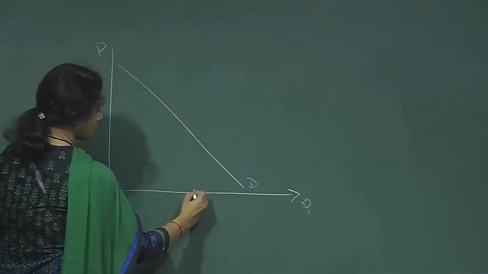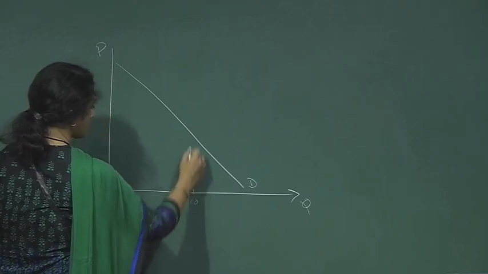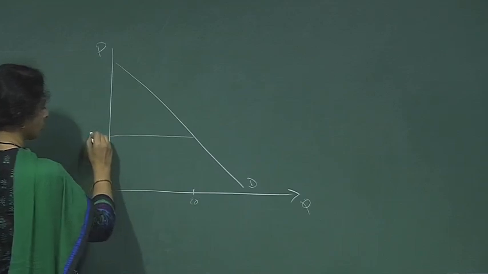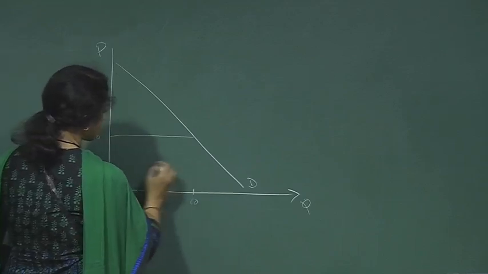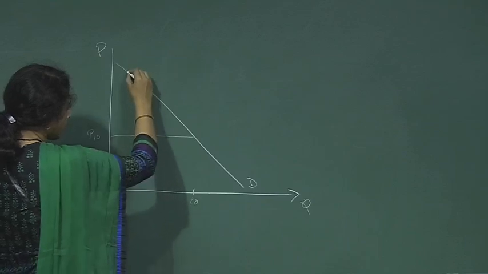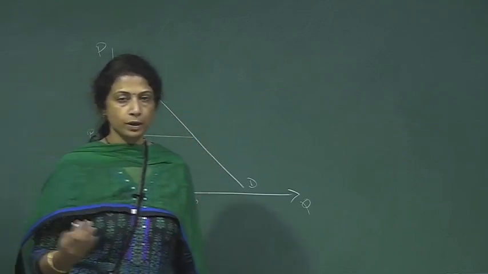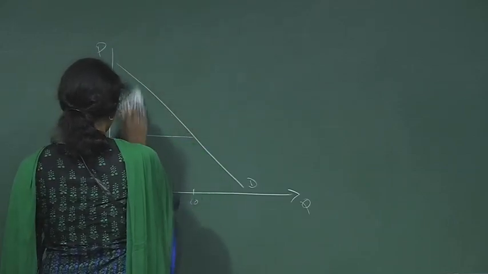If the quantity is, say, 10 units, buyers are willing to pay an amount of, say, P10. So every point on the demand curve is an expression of willingness to pay by the consumers.